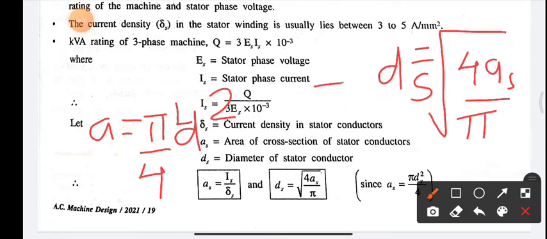So by this equation you will get the diameter of the stator conductor, but that is after you have found the cross sectional area of the conductor. Because in some of the numericals it will be required to find the diameter of the conductor, right? So in that case you must be aware that the area is given by pi by 4 d square, and from that we will find d, right?